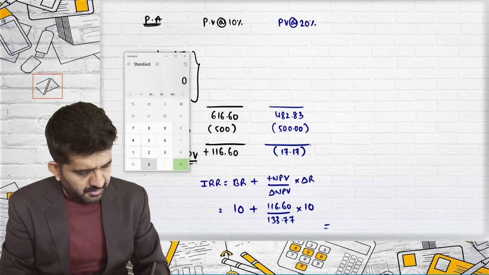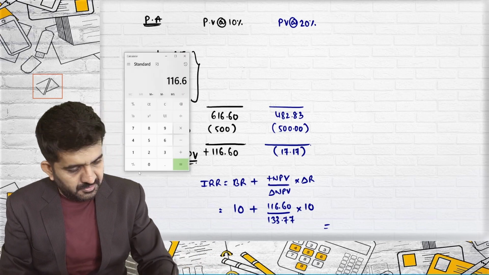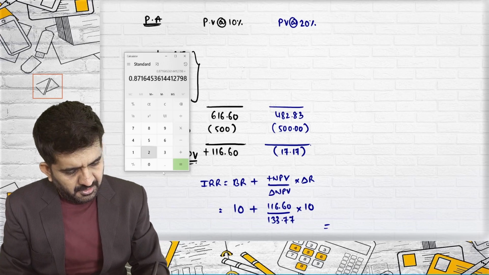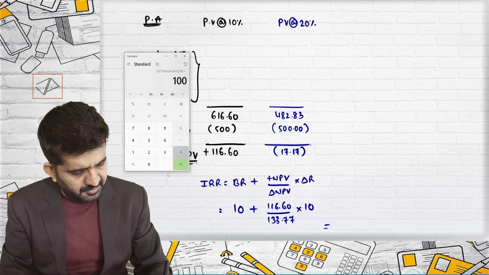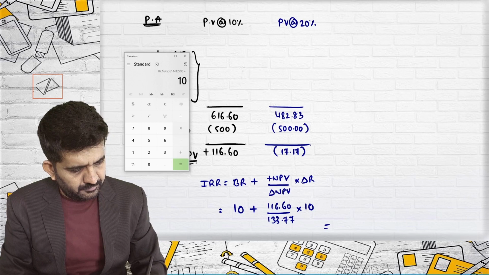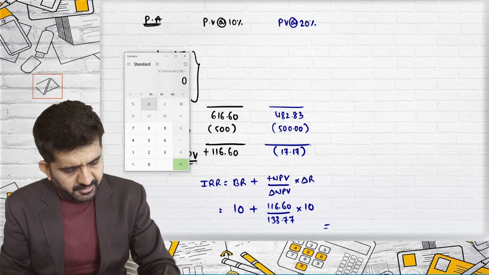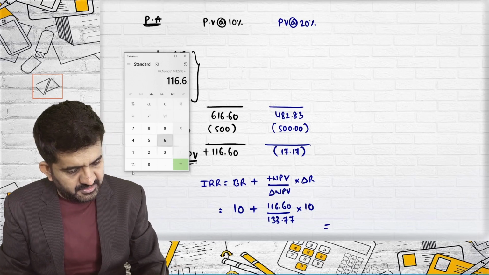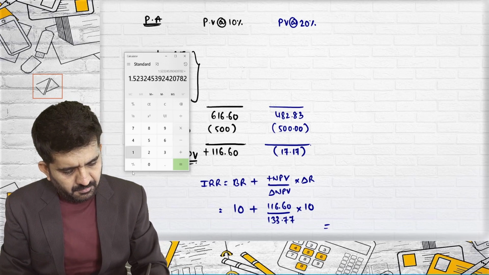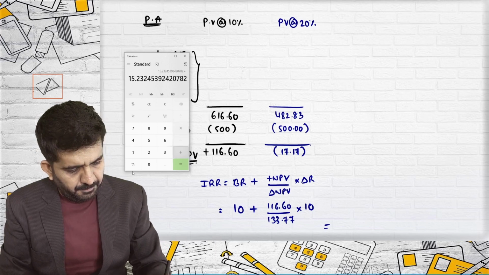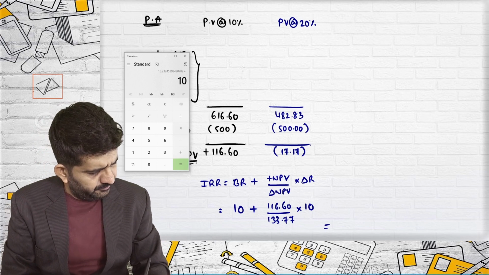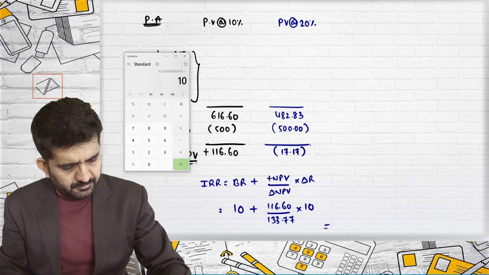My answer will be 116.6 divided by 133.77 multiplied by 10 plus 10. It is not multiplied by 100, it is multiplied by 10. 116.6 divided by 133.77 multiplied by 10 plus 10.